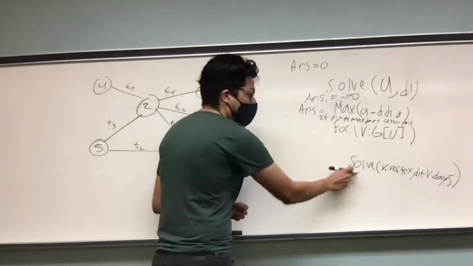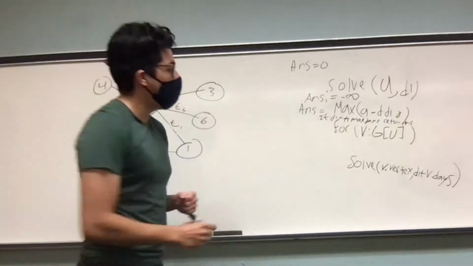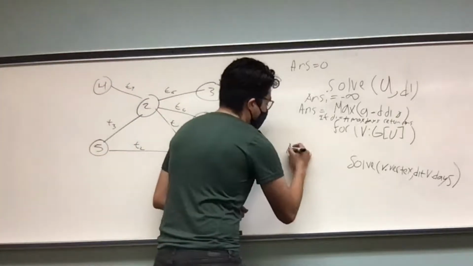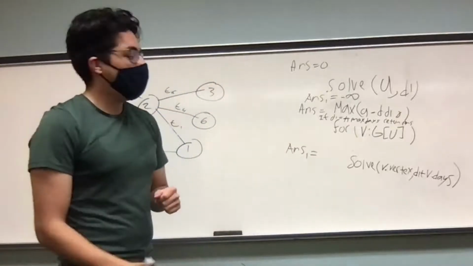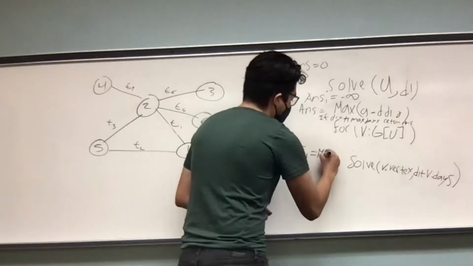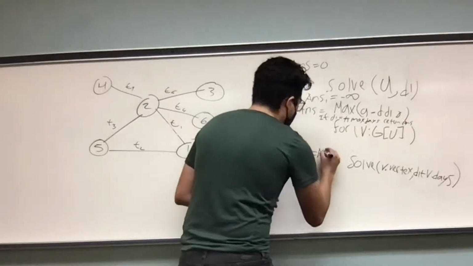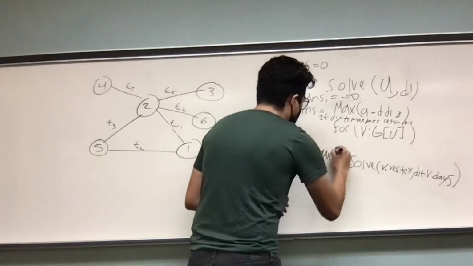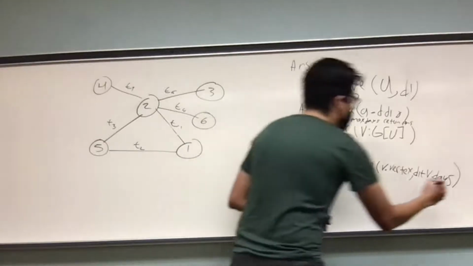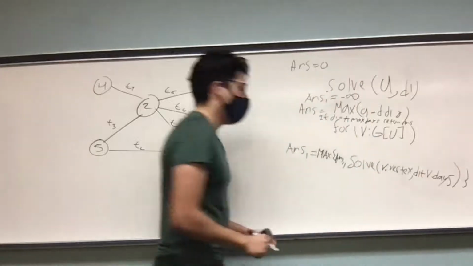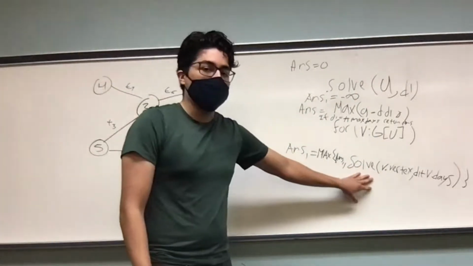So once we found an optimal solution for this subproblem, we just want to take answer 1 and make it equal to the maximum of this answer or this subproblem.